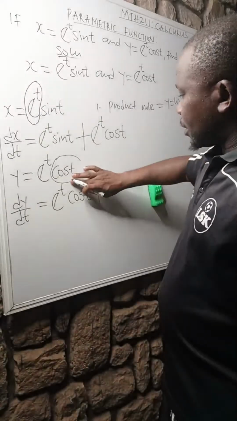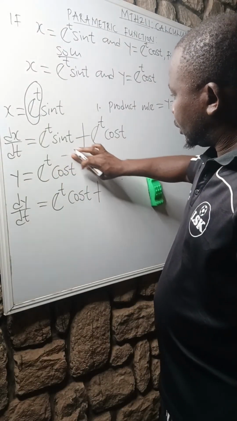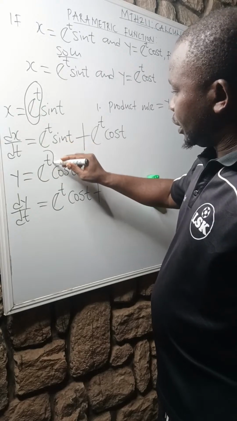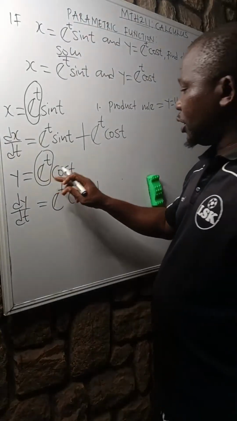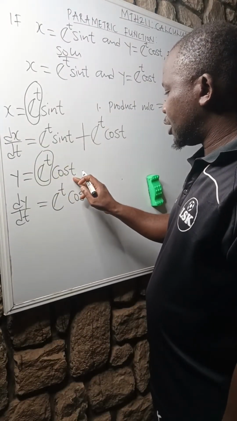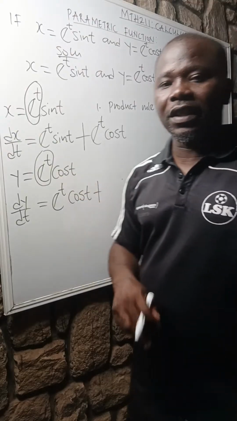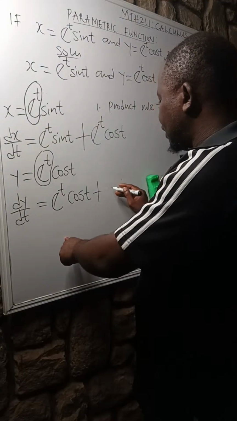at this point we are going to hold what? Hold this exponential, then differentiate this. If you differentiate cos t, what are you supposed to have? You are supposed to have minus sine t.